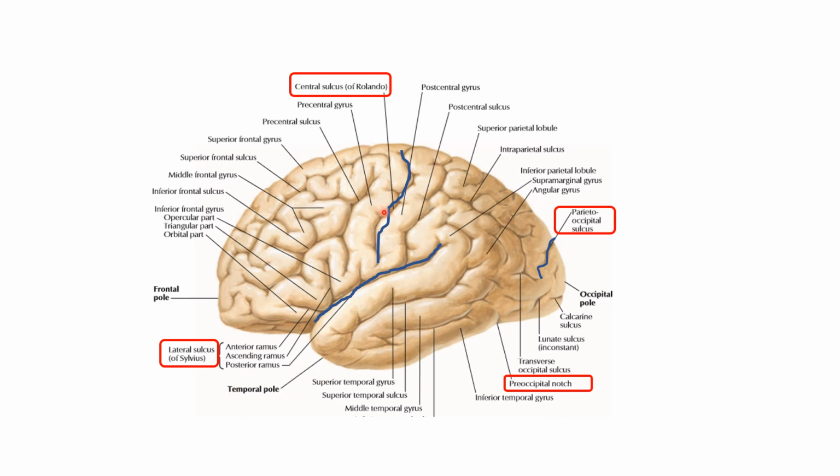Now moving on to the lobes, starting with the frontal lobe. This is the central sulcus. The frontal lobe extends from the central sulcus to the frontal pole. So this much region is called the frontal lobe. Now moving on to the parietal lobe.